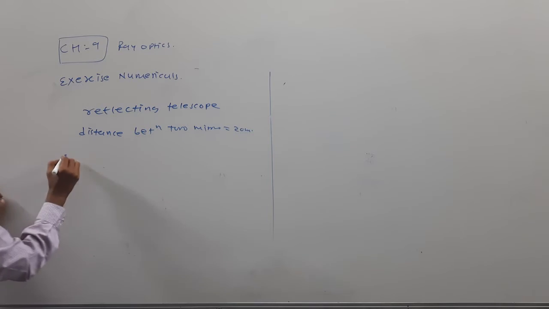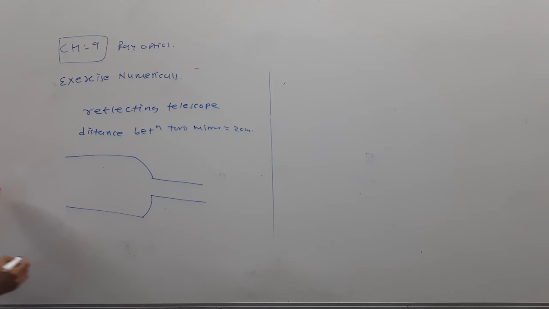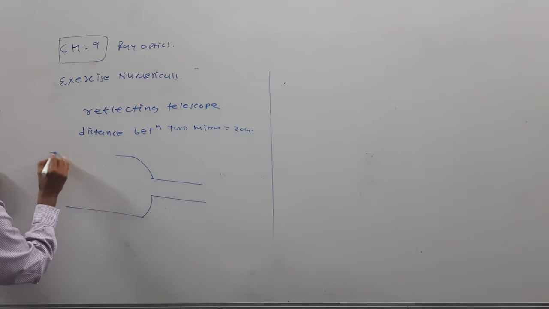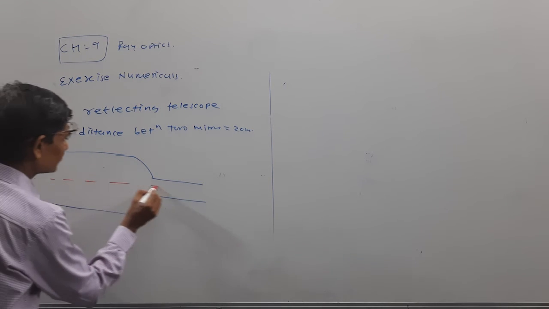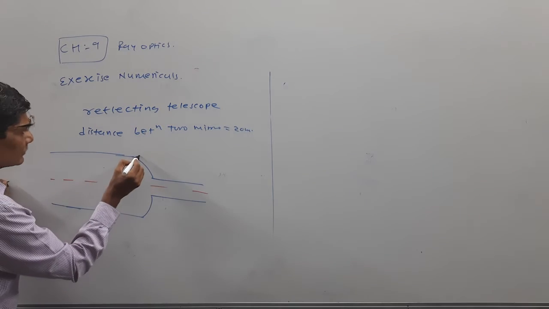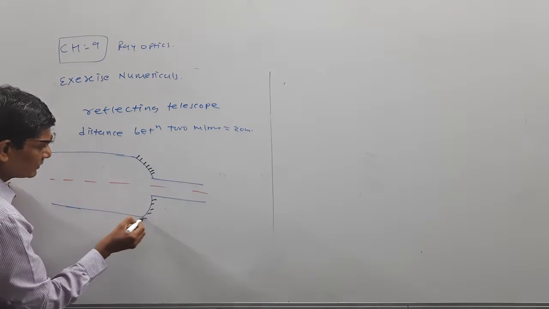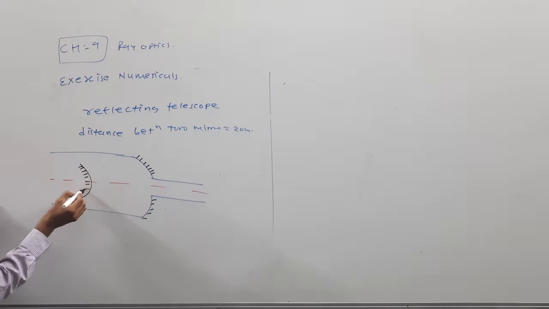Now let us first make a rough sketch of the reflecting type of telescope. It is not necessary to draw the full ray diagram, but it will be easy for us if we draw the diagram. Now see, the concave mirror is the primary mirror, and the convex mirror is the secondary mirror.